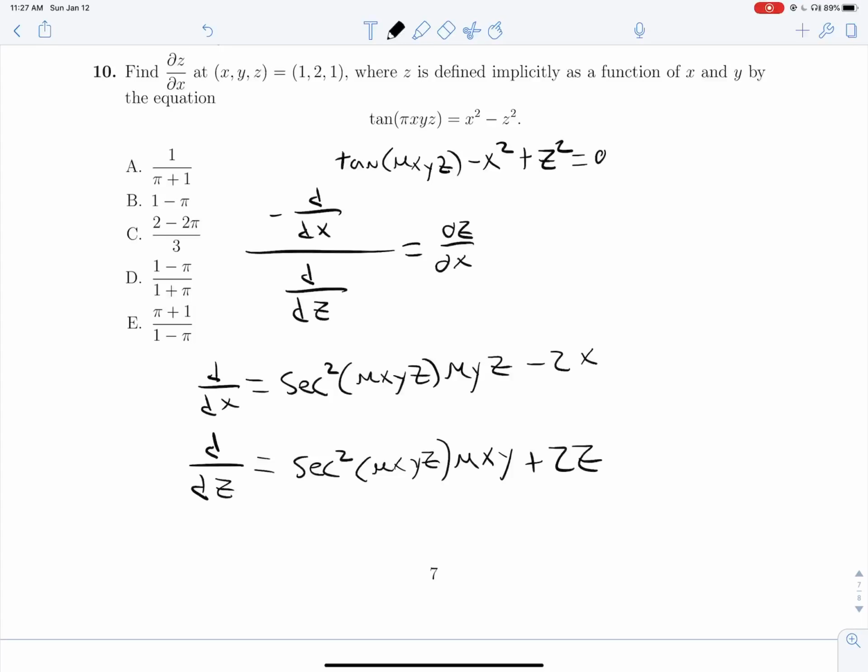And we can evaluate these because we know the values for x, y, and z. In both of these cases, we're going to get secant of 2 pi, which is just 1. So we can get rid of all of that.